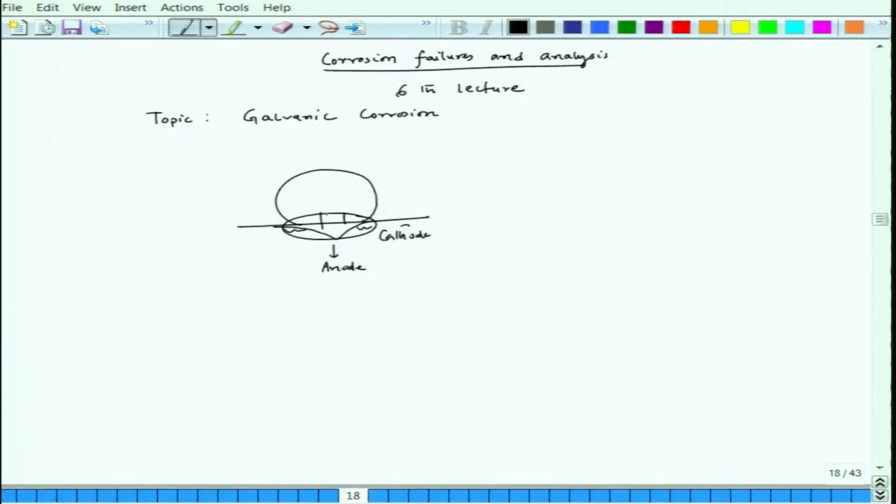We said that this is basically a corrosion cell, and that cell leads to the formation of those cathodes and anodes. The center part is corroding more, and a localized effect comes up.